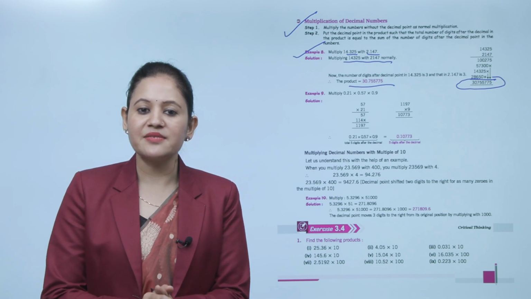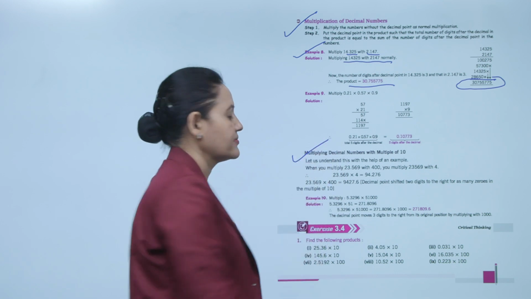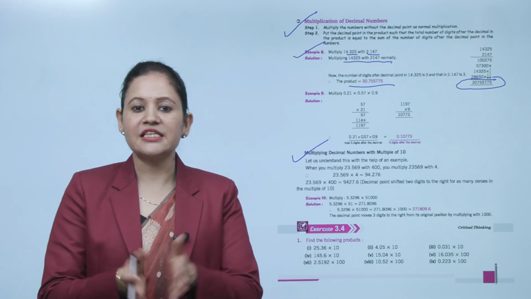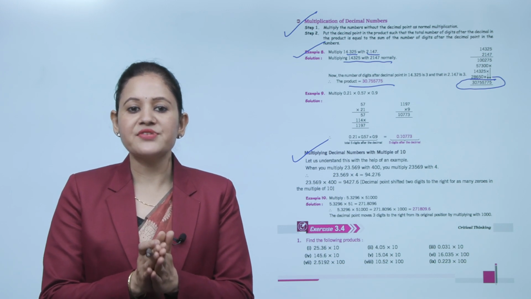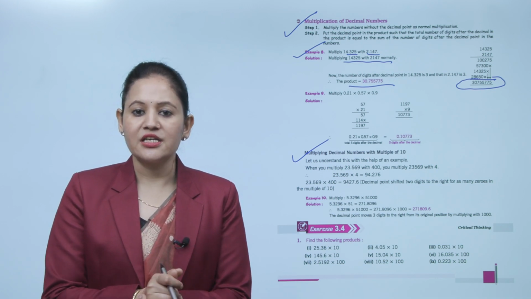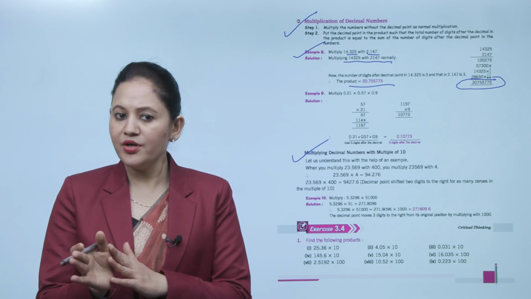Next is multiplying a decimal number with a multiple of 10. Let us understand this with the help of an example. When you multiply 23.569 with 400, you multiply 23,569 with 4.